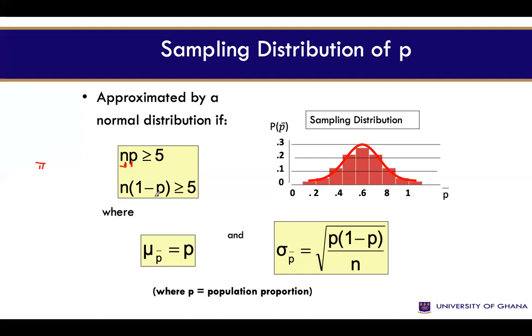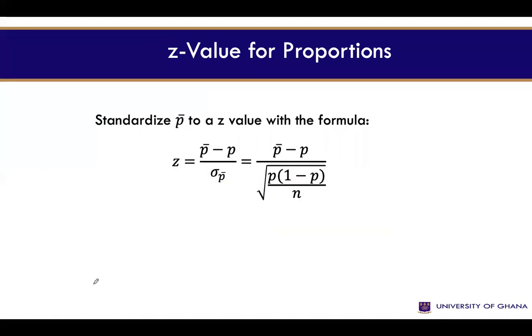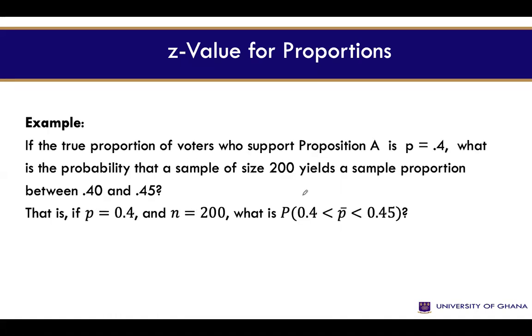So don't get them mixed up. All right. So in order to standardize, it's basically p bar minus p, the sample proportion minus the population proportion, divided by the square root of p times 1 minus p over n. So the same approach that we used.